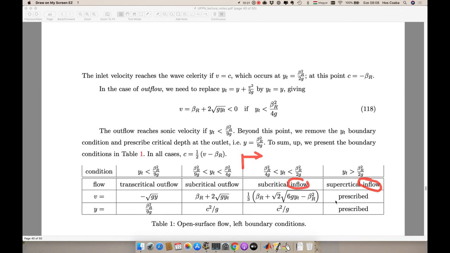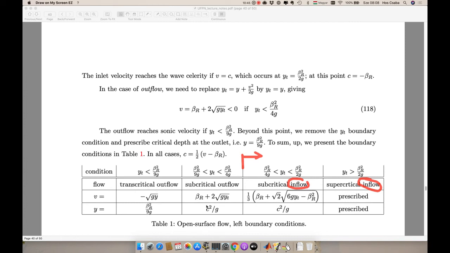Okay, this is pretty similar to, if you have ever done gas dynamical simulations in CFX or Fluent, the same as supercritical or subcritical flow. So if the inflow is supercritical, then you have to prescribe everything. If the flow goes out from the channel, then these are your working equations. You can have subcritical outflow, you have transcritical outflow.